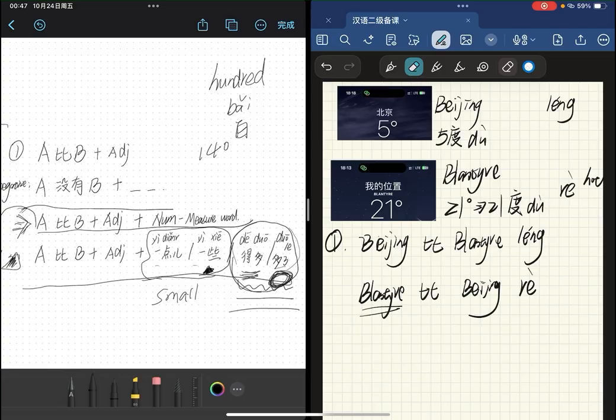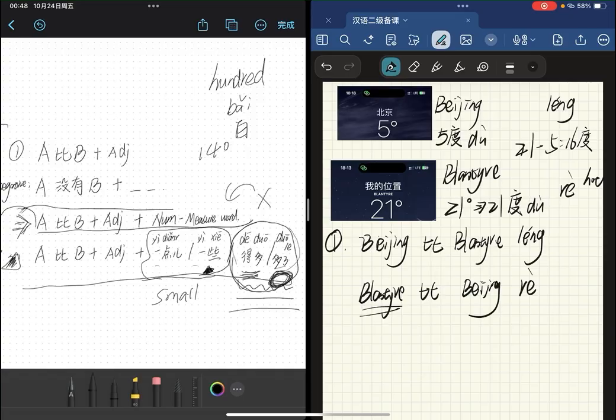For 冷 and 热, we can't compare with exact numbers, so we don't need the second structure, although we know the specific difference is 16度, 21 minus 5. I think 16度 is a big difference.